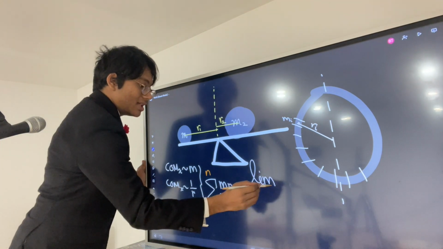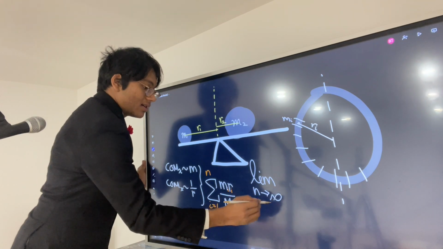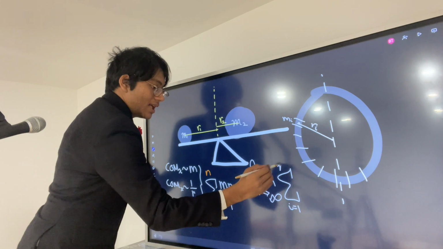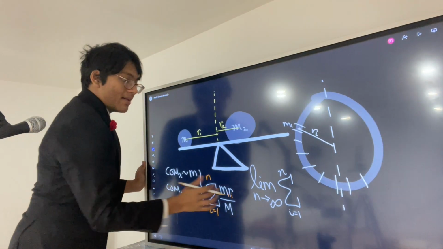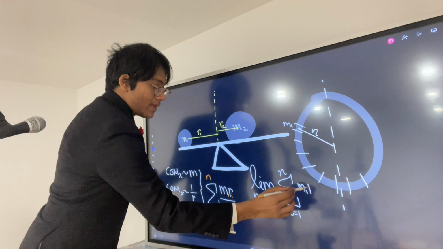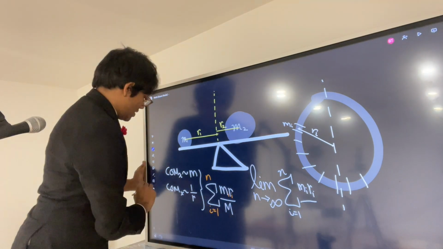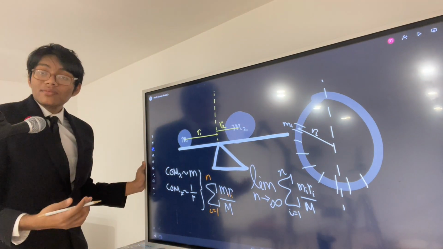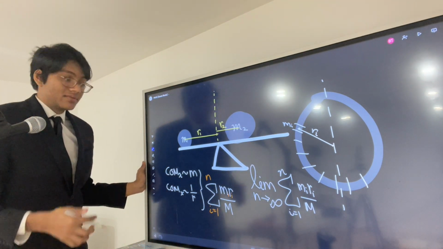So I'm going to take the limit as n approaches infinity of the sum from i equals 1 to n of m sub i times r sub i divided by my total mass m. Now my total mass m here is going to be a constant, right?